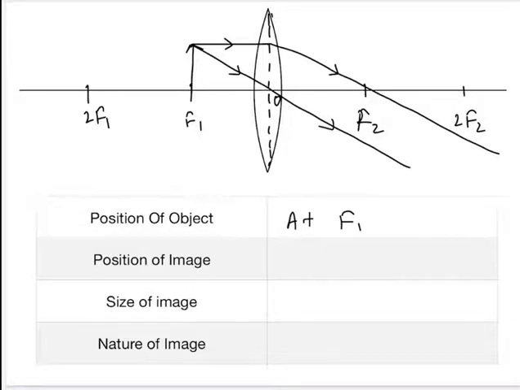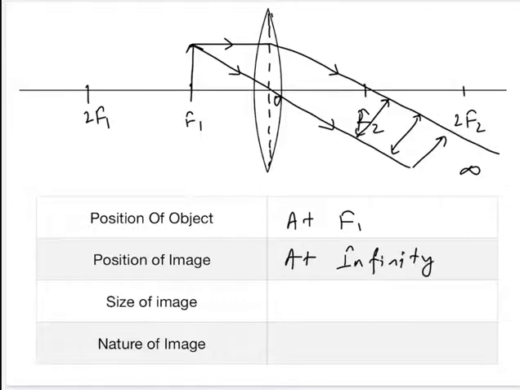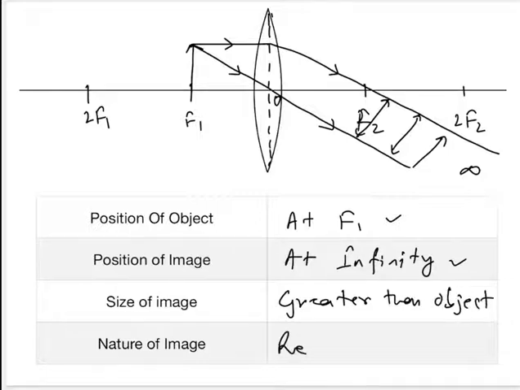Now we can see these refracted rays are parallel to each other. So where these parallel rays will meet, we assume that they meet at infinity. So the position of image will be at infinity. It is the inverse of what we did in the first diagram. In the first diagram, the object was at infinity, and the image was formed at f, right? Size greater than the object, nature real and inverted.